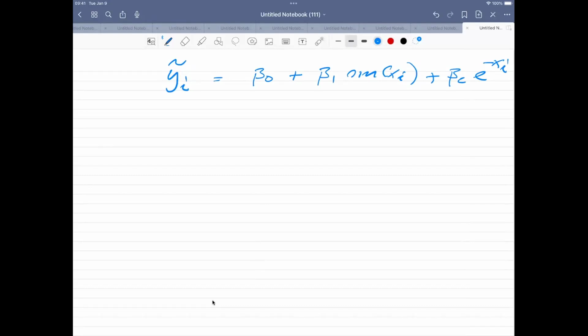However, if I now were to make this choice, let's say I have beta 0 plus x_i times sine of beta 1 plus e to the minus beta 2 times x_i. What would you say about that function? Would that fit with the idea of linear regression?